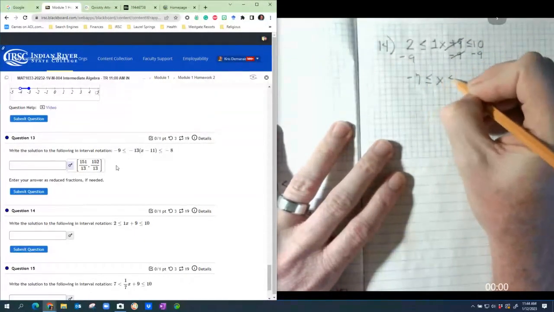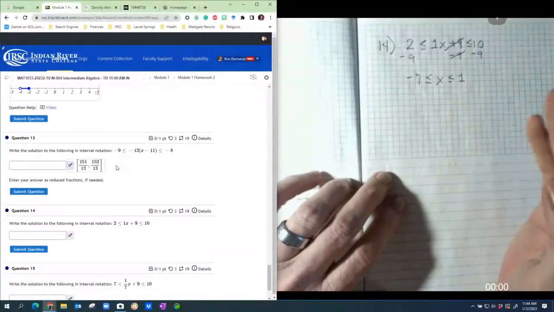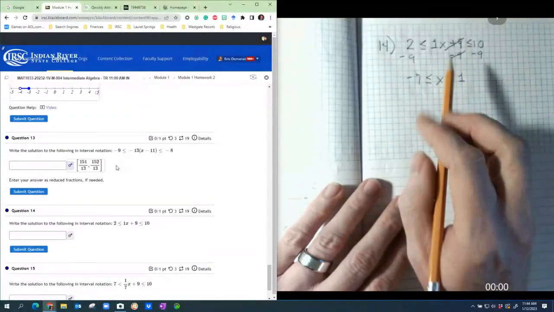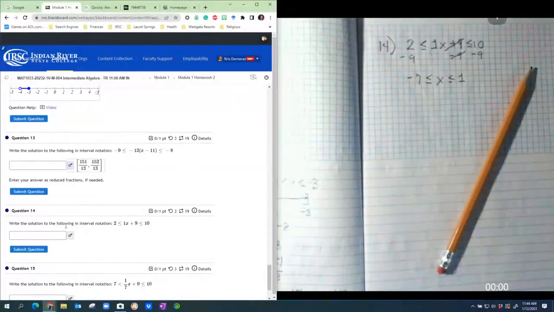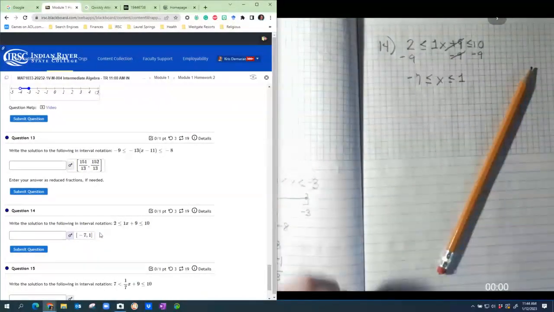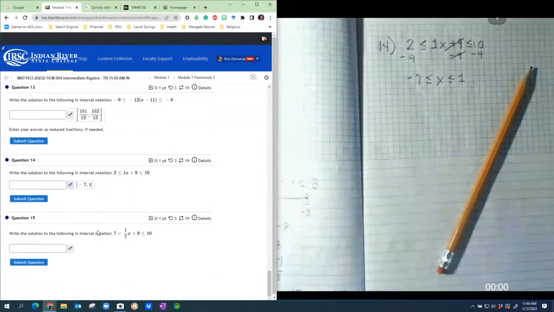I'm just going to put x. And then that is our answer. Once we're done with that, we just subtract 9 from everything, and that gives our answer. Now, of course, that's not in interval notation, but that's the same answer.